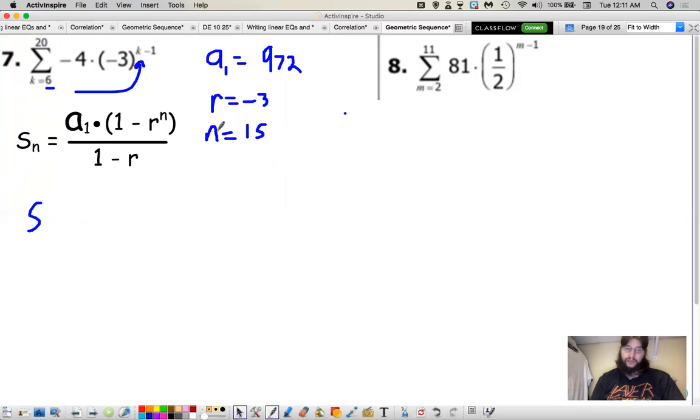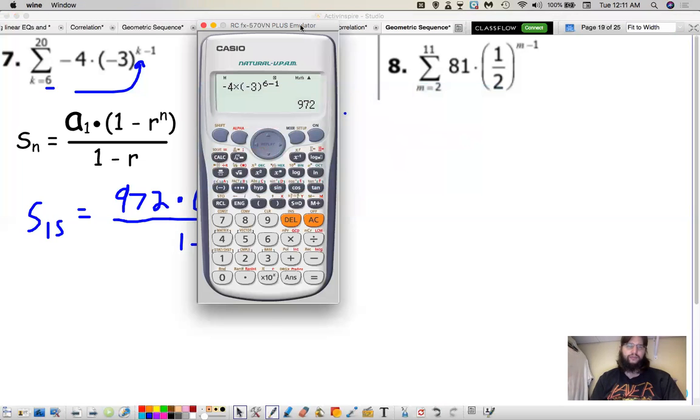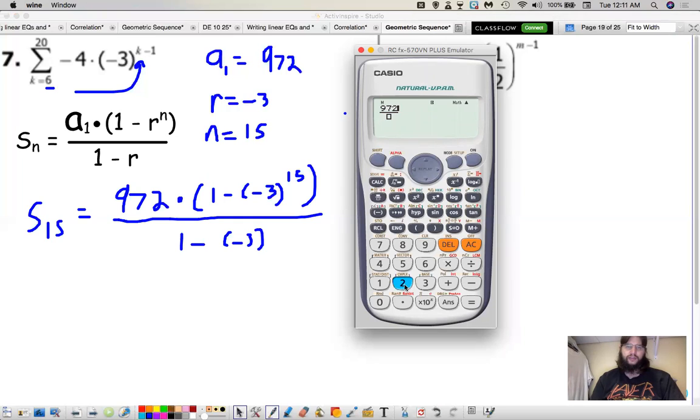So S sub 15, because, well, that's how many terms there are, is equal to A1, well, 972, times 1 minus negative 3 to the 15th power, over 1 minus negative 3.